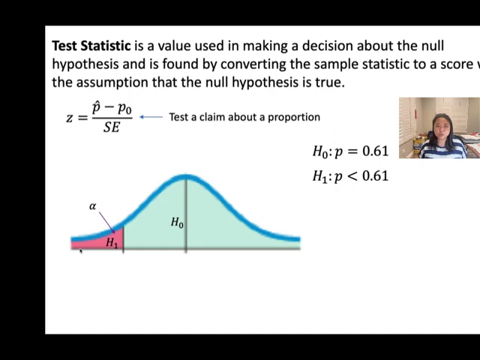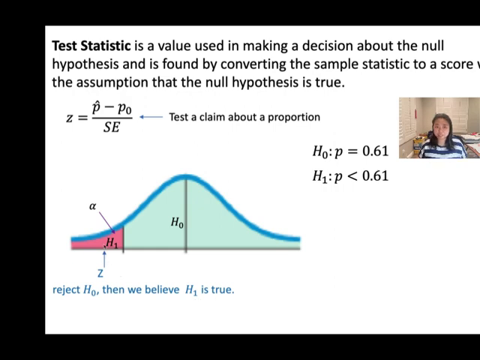When we collect all the data from your experiment, we put it into this formula and calculate the test statistic. If your test statistic falls on the left tail here, then we say reject the null hypothesis. Then we believe the alternate hypothesis is true.